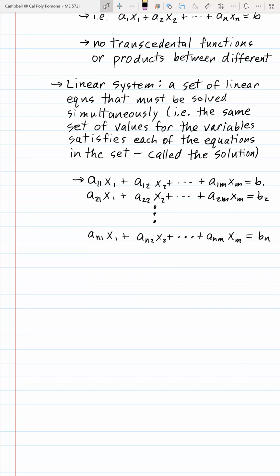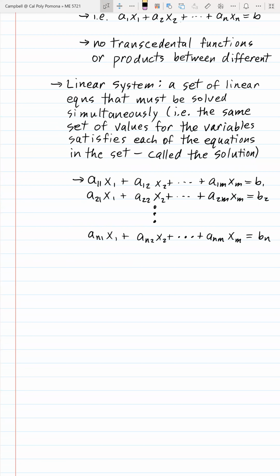And again, you can see exactly why, back in our first part of the review, this idea of matrix multiplication came about the way it did, because in forming a matrix and a vector of variables, namely x1, x2, all the way to, in this case, xm, we could easily take the coefficient matrix and multiply it by the variable vector.